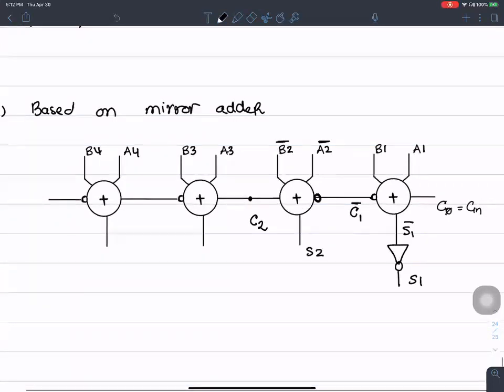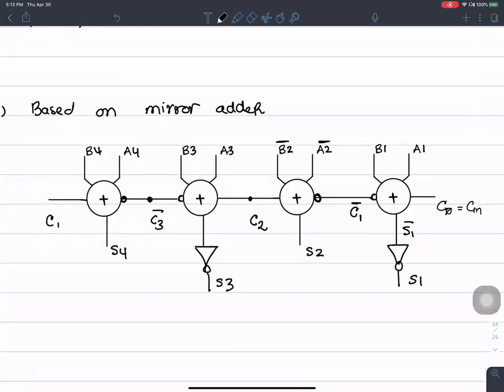A3 and B3, you pass in uncomplemented form, and this gives you your S3. As you know, C3 is going to be complemented, and then the sum here is going to be S4. This is going to be C4.